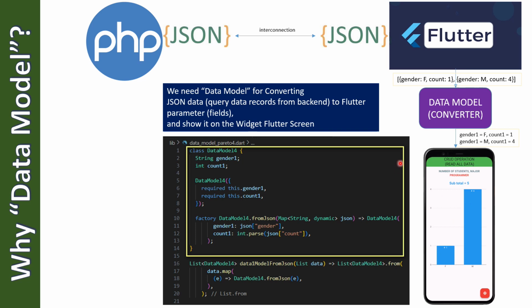Okay, this is from written Flutter. We have this record and then send it to the data model. On data model, convert this record become fields. This is to field gender and also field count. Gender 1, count 1.